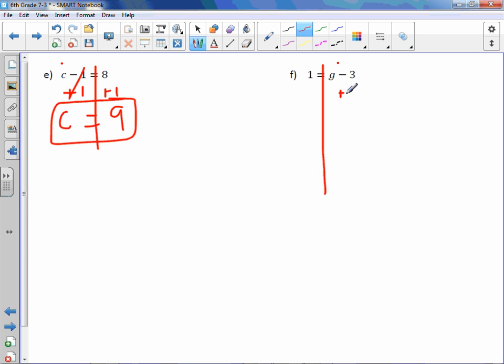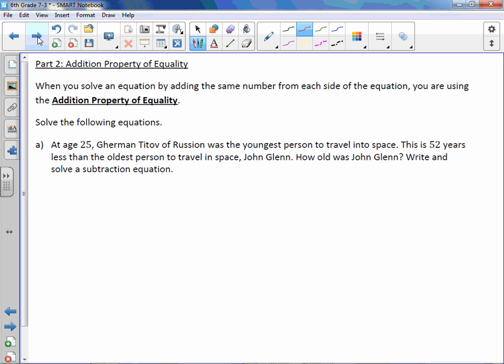To get rid of minus 3, I'm going to add 3 to both sides. 1 plus 3 is 4. 4 equals g. When you solve an equation by adding the same number to each side of the equation, you are using the addition property of equality.